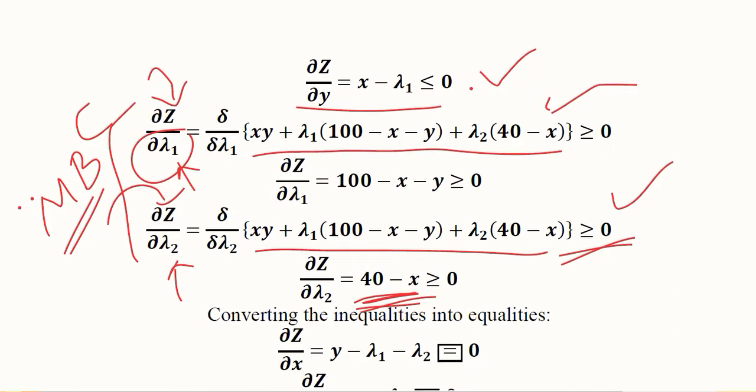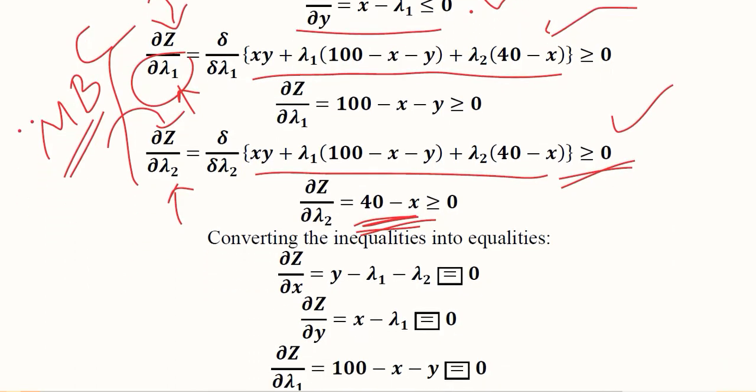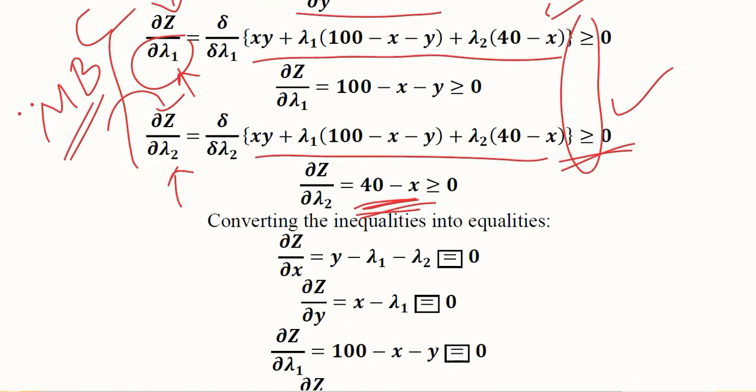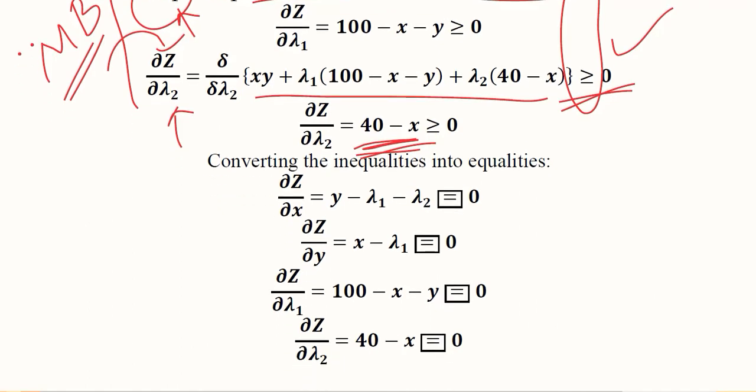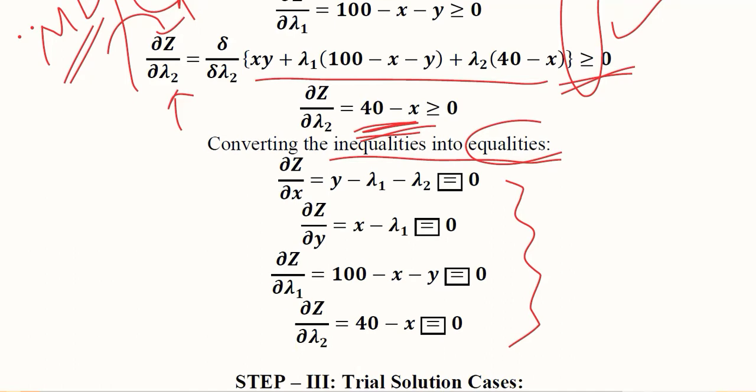Now we have 4 of these conditions that are still in the form of inequalities. However, we are more convenient with the equalities when it comes to the solution, so it's better to convert these inequalities into equalities. This is the set of those values that are now converted into equalities.